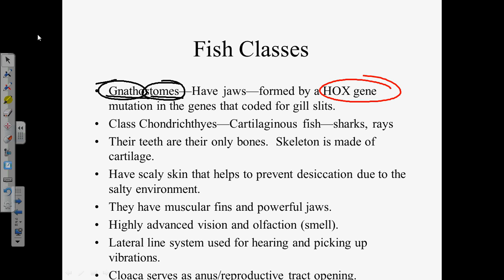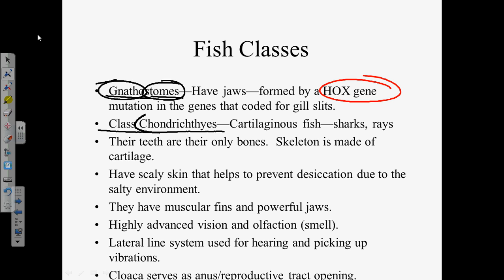Most scientists think that there was a mutation in these Hox genes, that originally the genes coded for gill slits, but the mutation led to them coding for jaws. And that's where the first jawed fish came from, due to this mutation. The first organisms on Earth, according to scientists, that had jaws are fish that belong to this group, Chondrichthyes.